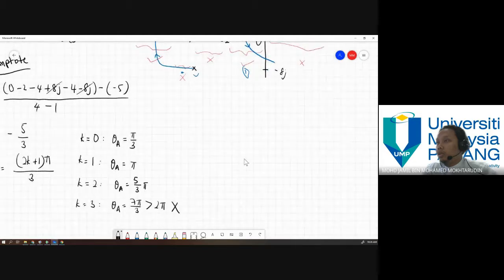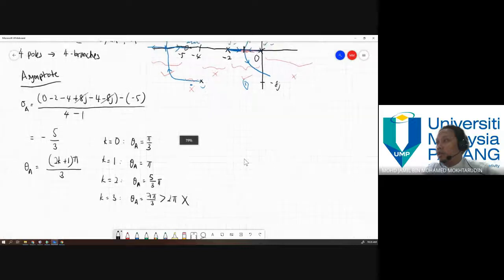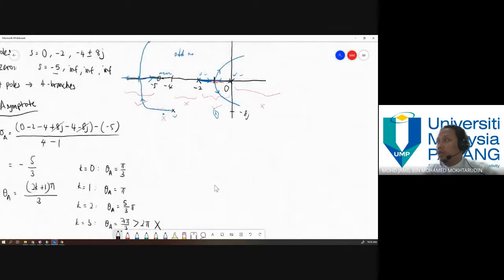So we can sketch the asymptote. So it should be somewhere here. Nanti kita sketch balik, okay? And one here.